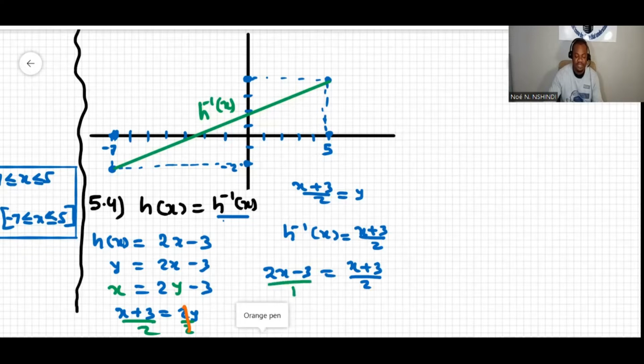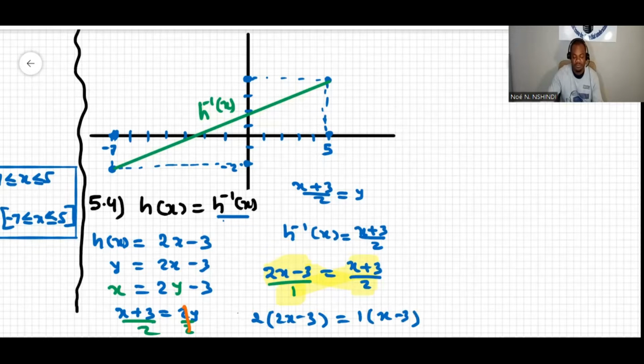I'm going to take 2x minus 3 over here, I'll times it with the denominator of the other function, and I'll take the denominator of this function here times it by the numerator of the other function. So that's called cross multiplication. So it's like 2 times 2x minus 3 equal to 1 times x plus 3.